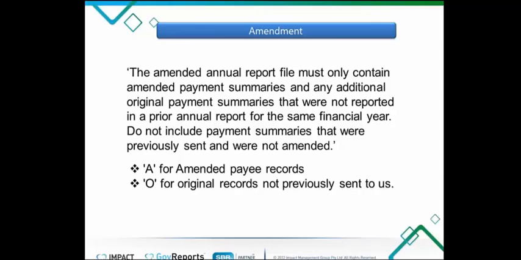Having said that, with the ATO, this is an extract that I got from the ATO: if it is an amended file, it must only contain those payees that need to be amended, not everyone else. So if your software does not generate an MG file just for the employees that were entered incorrectly in the first place, you need to do it manually, perhaps through Gov Reports or by sending a paper form. I'm not too sure how the process with the paper form works.